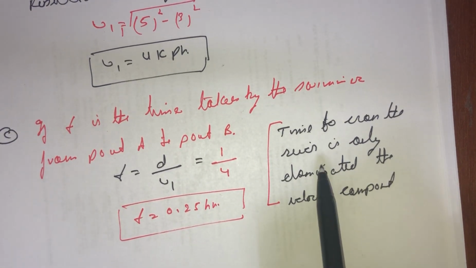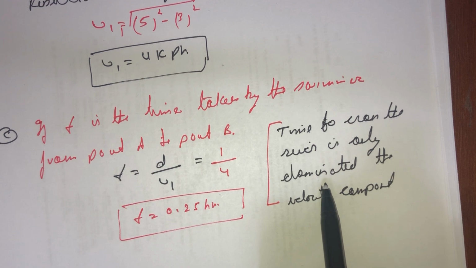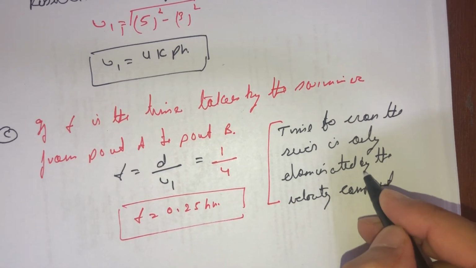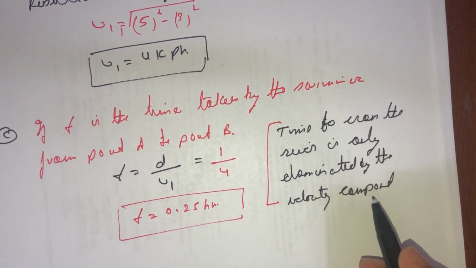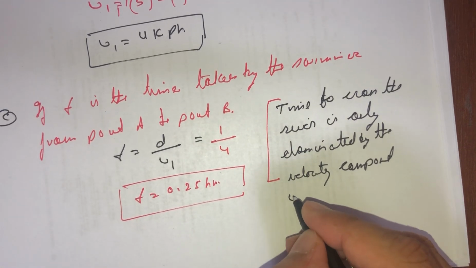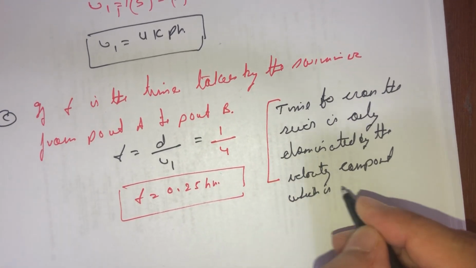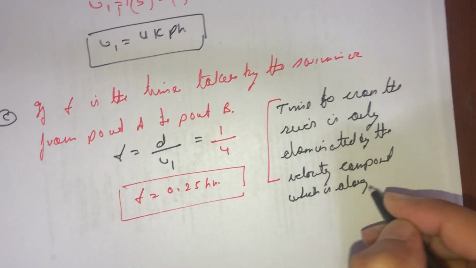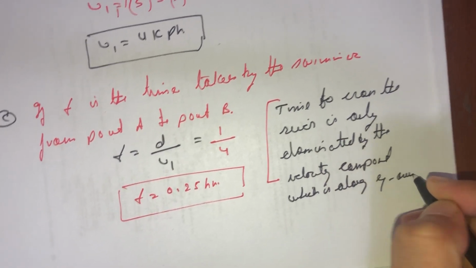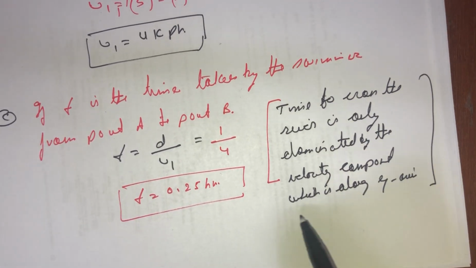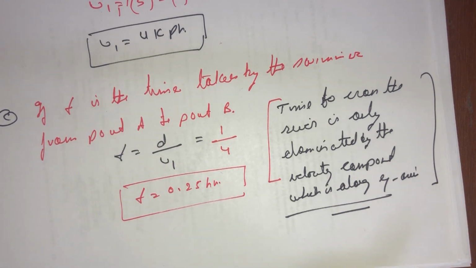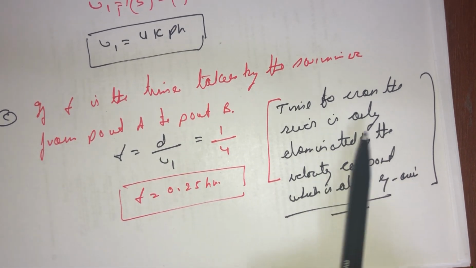The time to cross the river is only dominated by the velocity component which is along the y-axis. This is the important part we should always consider while finding the time to cross the river.